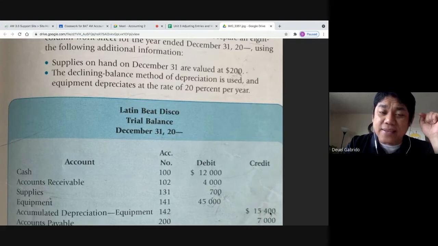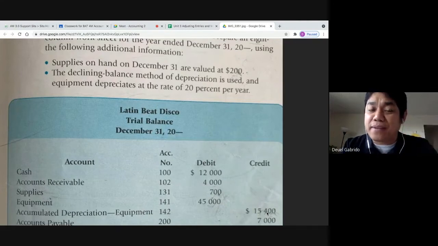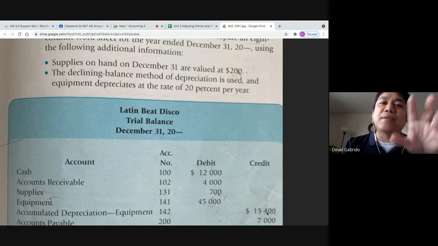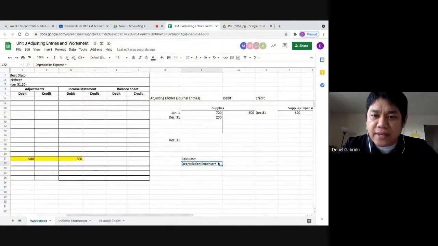Do you understand that? Take away 45,000 minus 15,400, and then multiply the difference by 20%. Because according to your method, we use not the brand new cost, but the cost after taking away the depreciation.